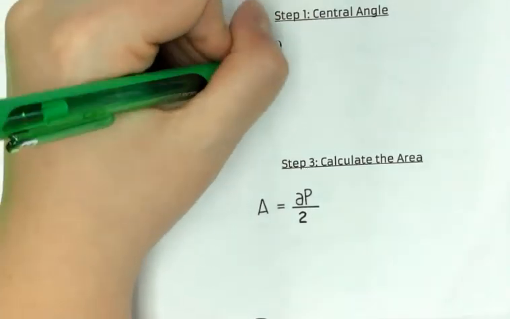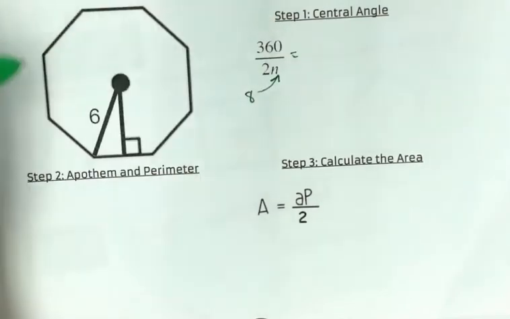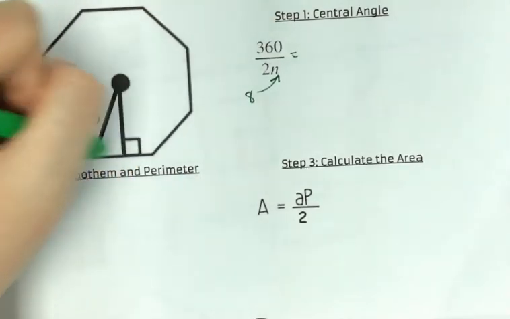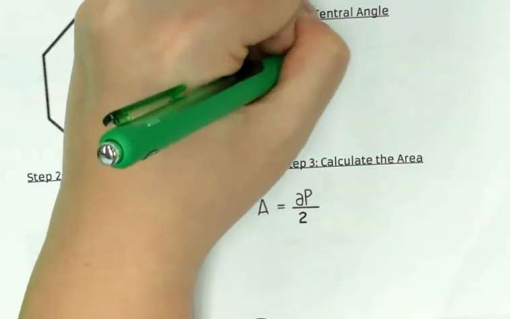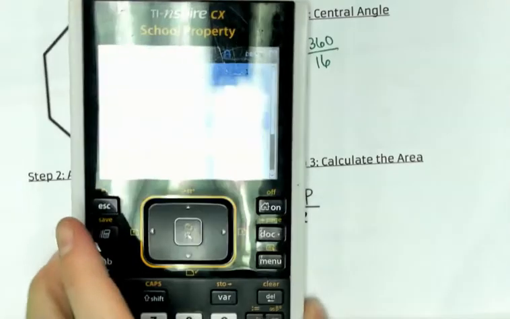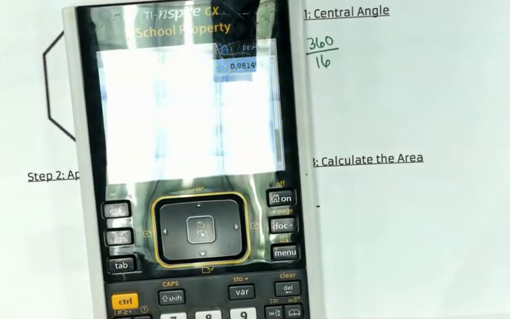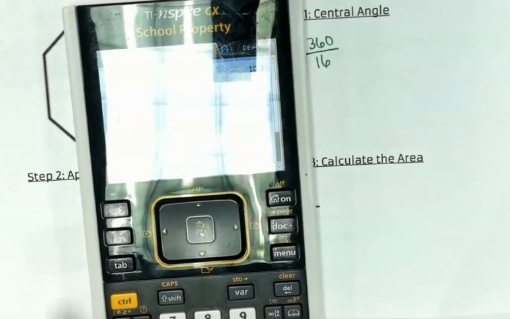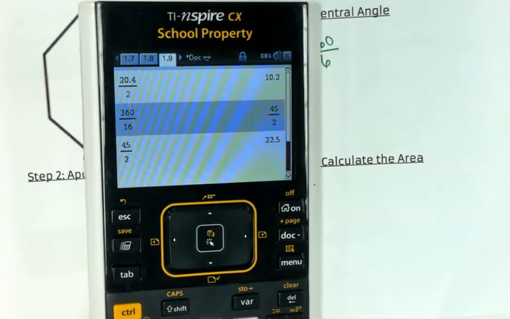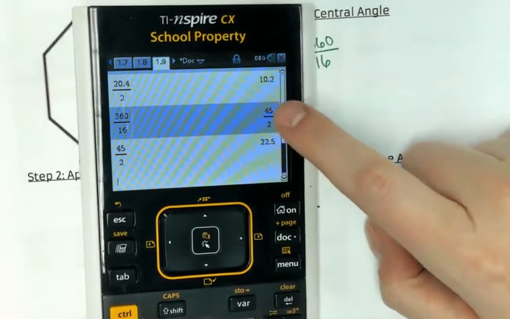Our central angle is just simply going to be, plug in 8 there. 1, 2, 3, 4, 5, 6, 7, 8 sides. So 360 divided by 16. It's 2 times the number of sides. If your calculator isn't giving you the right answer, 45 divided by 2 is what it's simplified to.